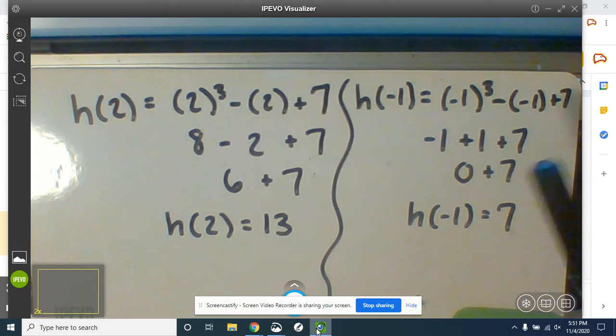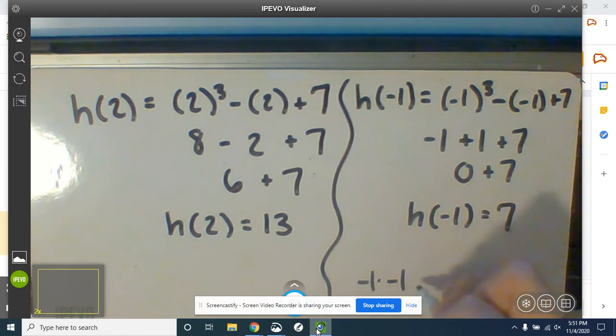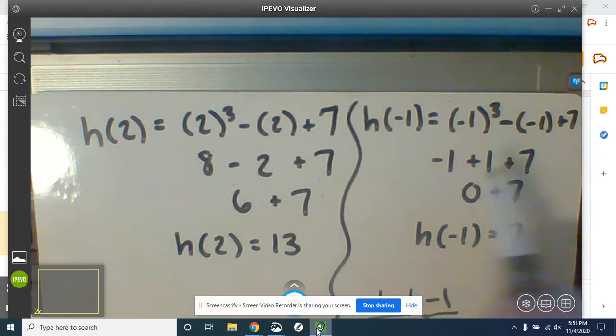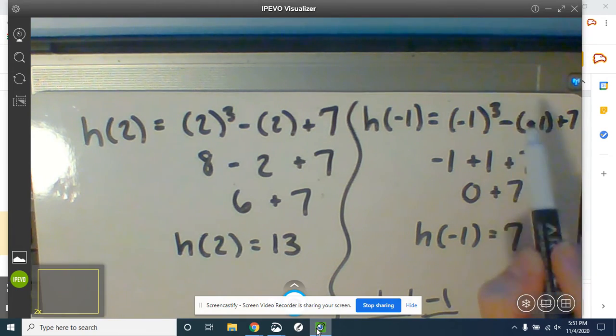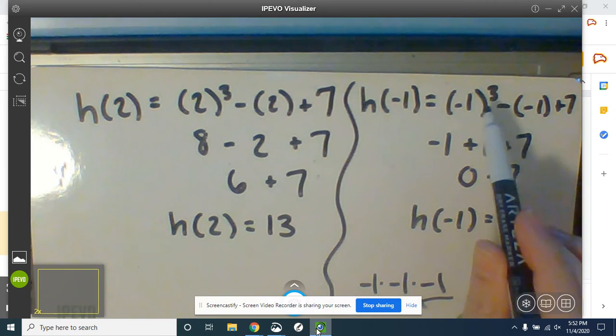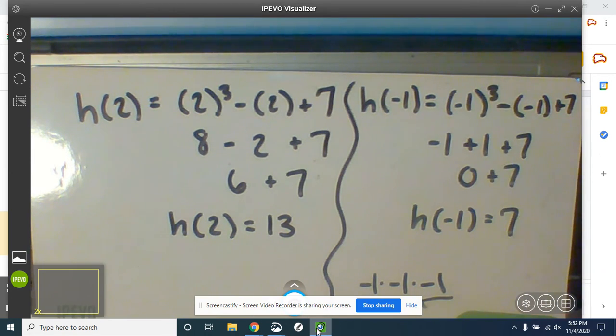Now this one's only tricky because of that cube there. Think of this as -1 times -1 times -1. So a -1 times a -1 would be +1, and then a +1 times another -1 would keep that negative. Even exponents will make it positive if you have a negative there, and it'll remain negative if it has an odd exponent.